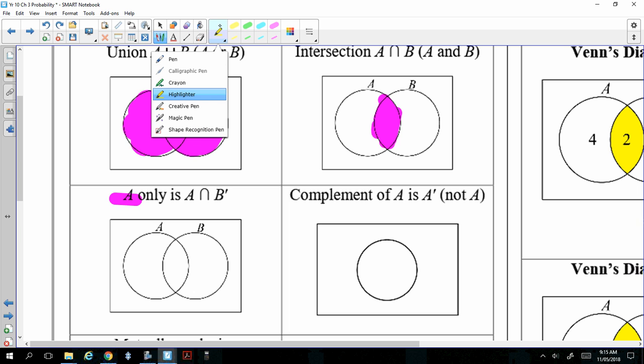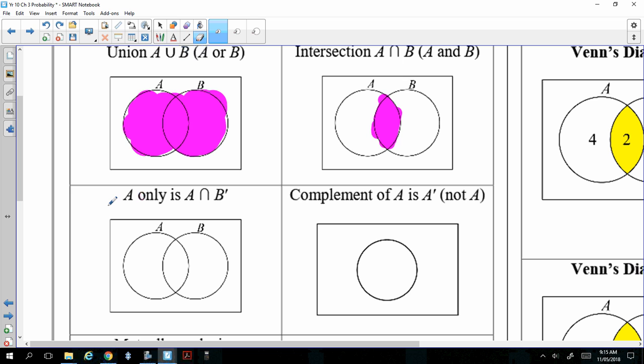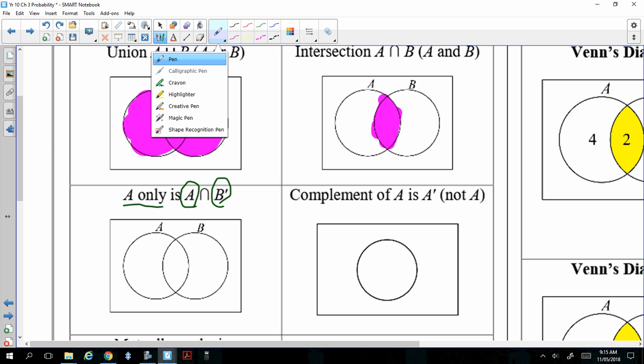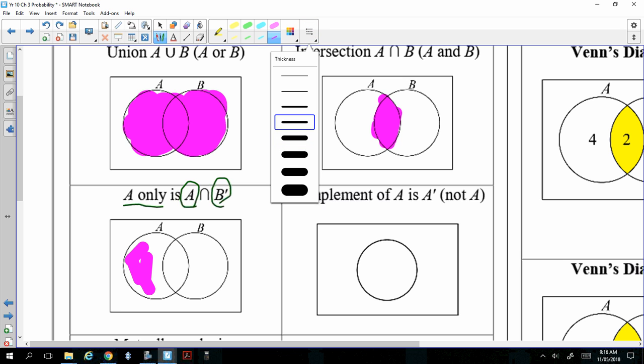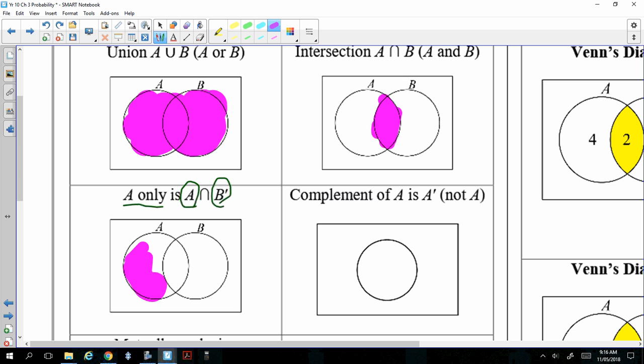A only means A intersect with not in B. So it's in A but not in B. So to characterize this, go back to my highlighter, you just go this bit. Let's try again. Okay, good. Just A.